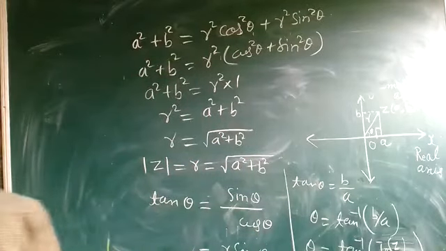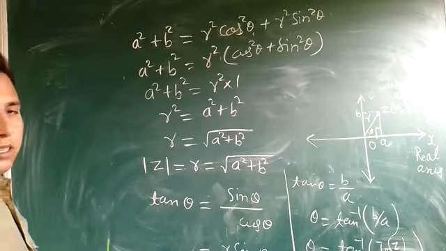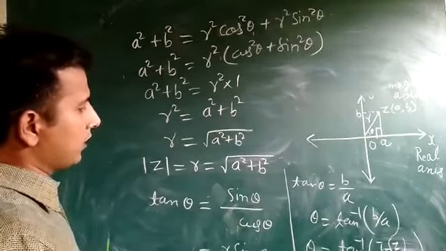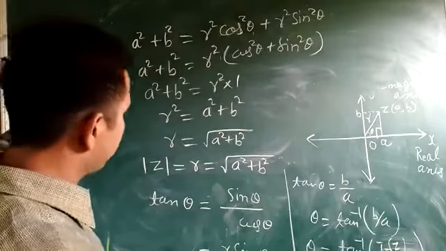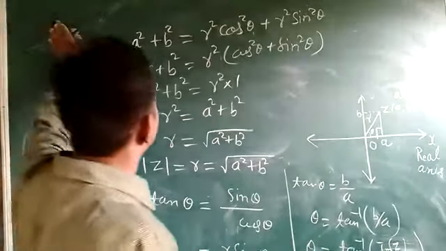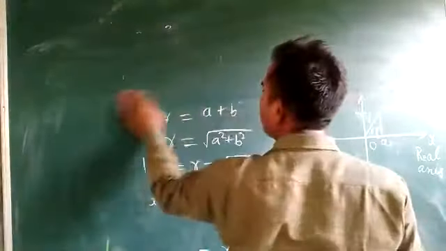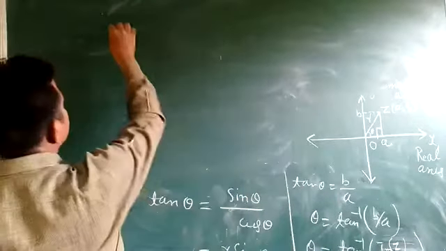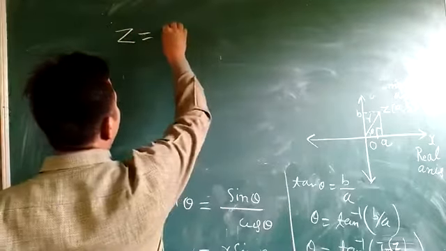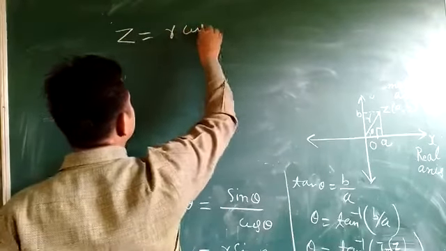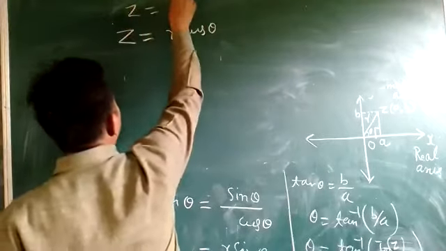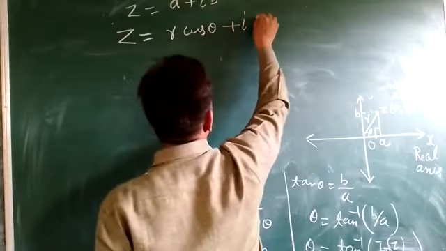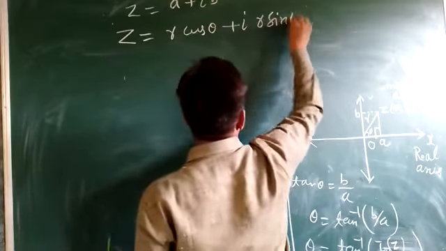So writing a complex number in polar form, we write in trigonometry, it is also known as trigonometric form. So we write z equal to a plus ib, that is r cos theta plus i into r sin theta.